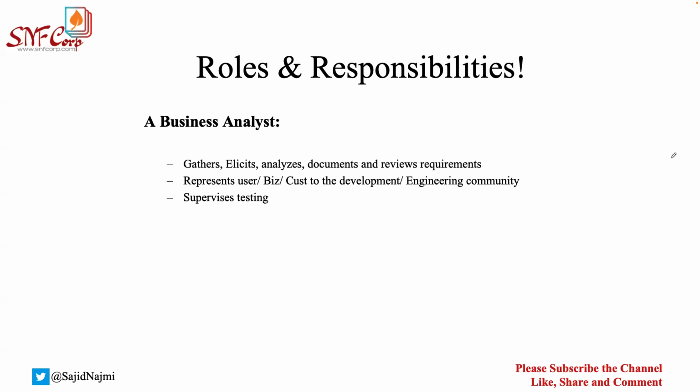So if a question comes your way, you will go and check your documentation and try to find an answer on your own. You would also not want to go to the business for every single question. If you cannot find it, and if this is stopping your development team from going ahead and working, then you will go back to the business, ask the questions, and get the answers. So there are different ways of answering those questions.